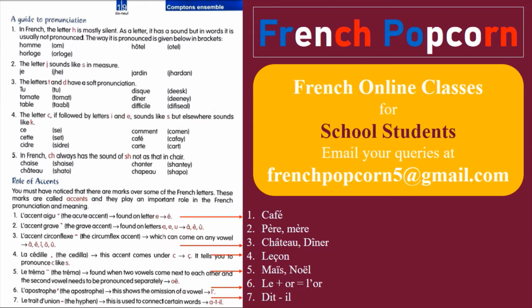Rule number 4, the letter C, if followed by letters I and E, sounds like S, but elsewhere sounds like K. For example, first word we have is ce. CE is pronounced as se. Cidre.